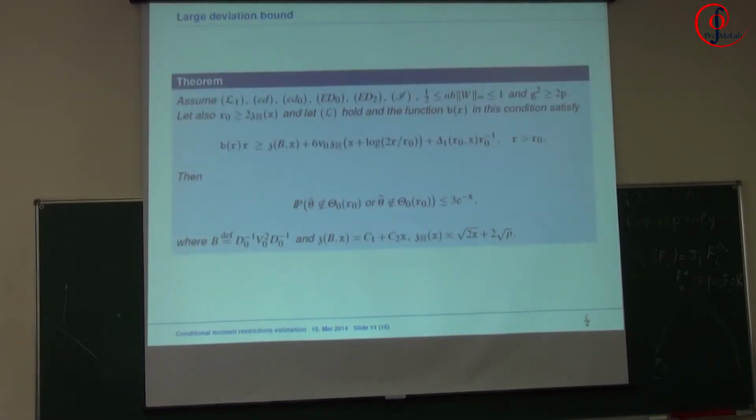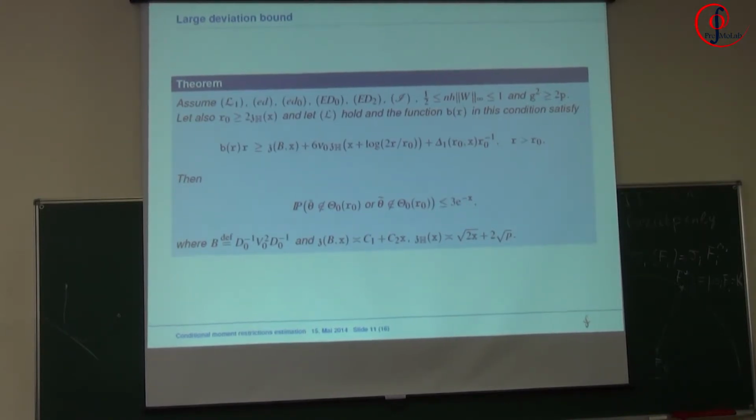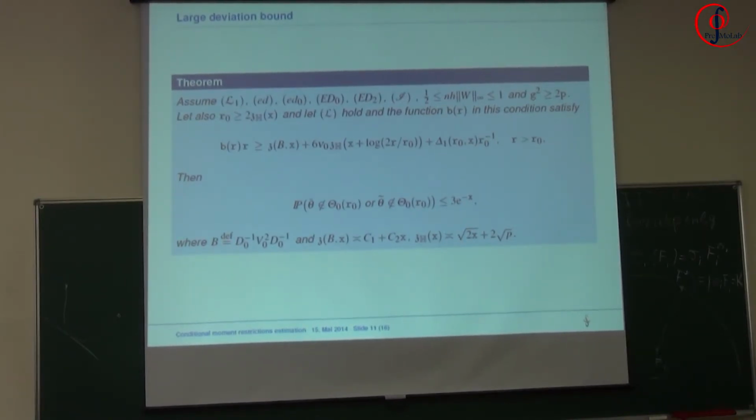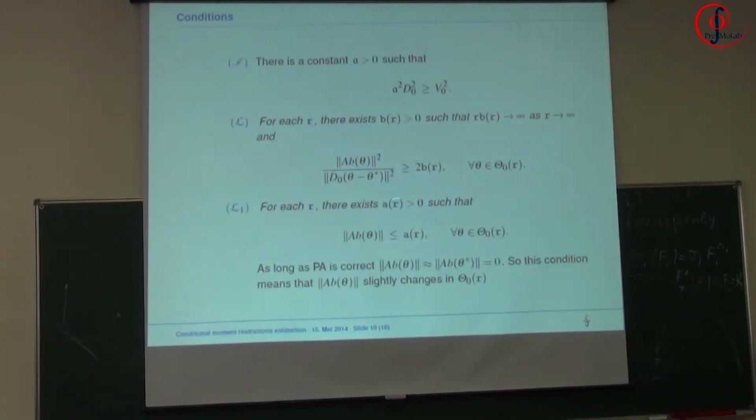So we formalize it on this slide. We have a lot of conditions. We have a very mild condition on our weighting matrix. We have a small condition on the previous parameters, and if you have this kind of property for BR, so BR comes from this.